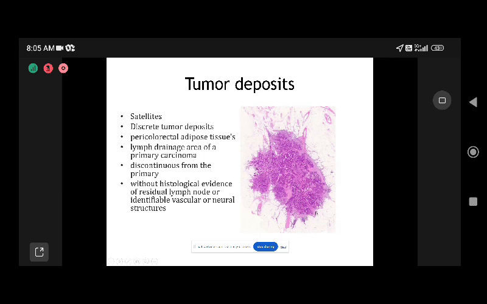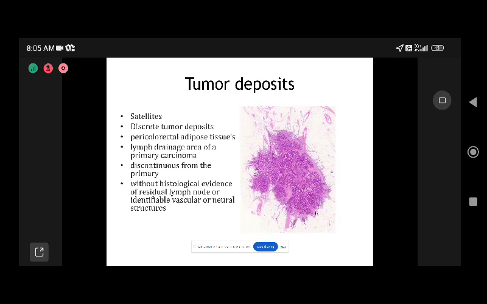You don't see it inside a vein. It's not an extramural venous emboli, and it's not a nerve deposit. So it's neither a perineural deposit, nor a vascular deposit, nor a lymph node deposit. So when we don't see any of that, then we label this discontinuous deposit as a tumor deposit.